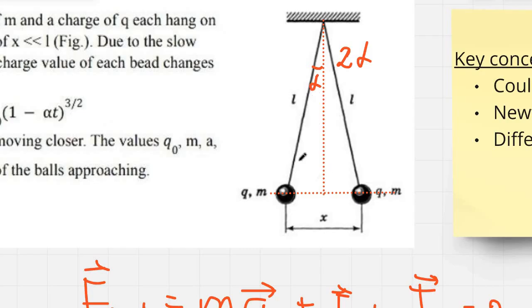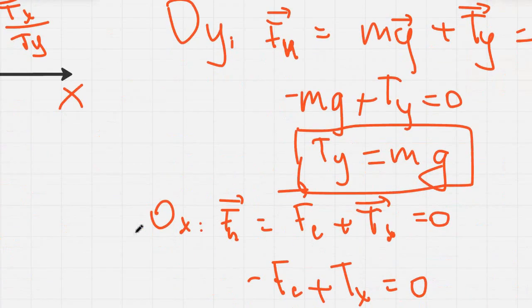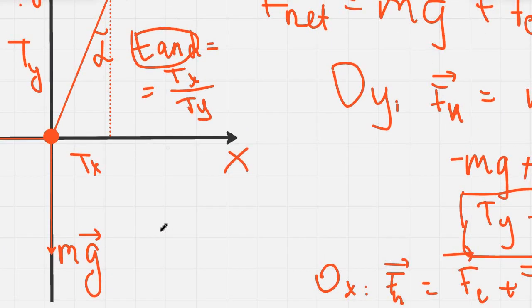The triangle is formed by a string, a vertical axis, and half the separation. Here we can find our tangent alpha: tangent alpha equals x over 2L. Now we know our tangent alpha. Let's put it here.